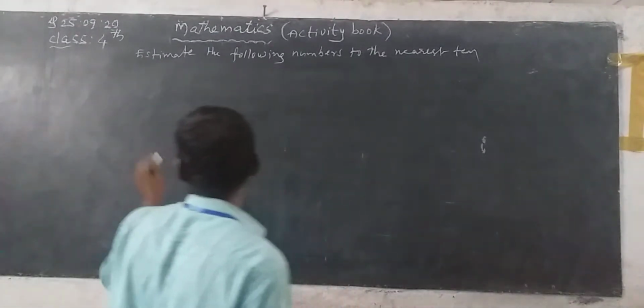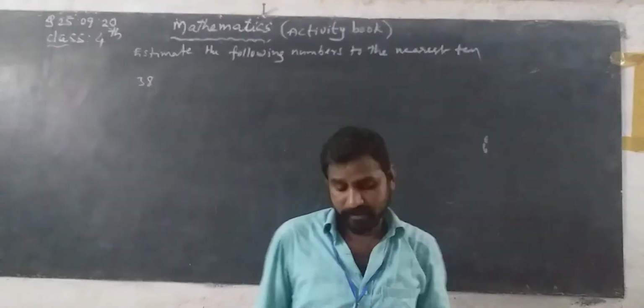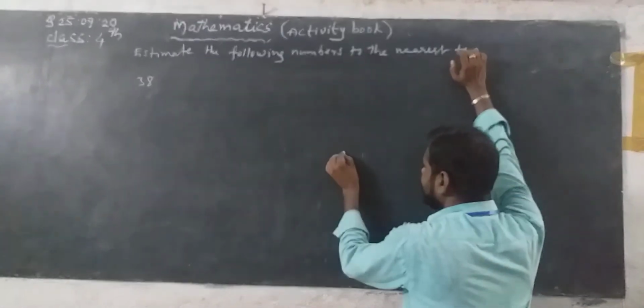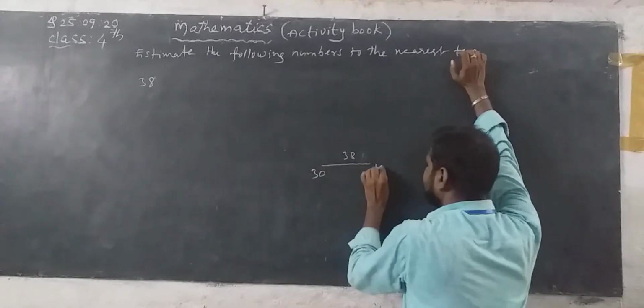See here, 38. Listen carefully, beta. 38 lies between 30 and 40.